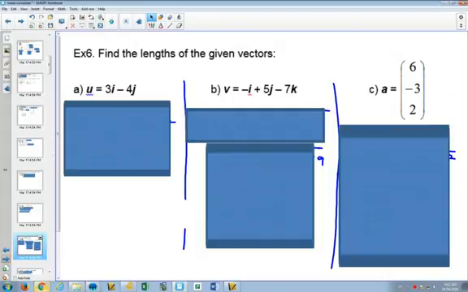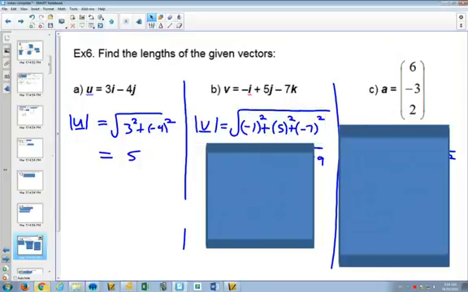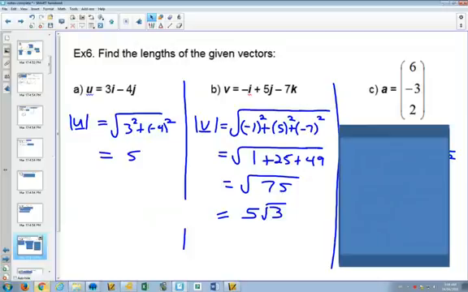Here's 3 more. All right, whether you're done or not, you can check. Maybe you knew that this one was 5 even before you figured it out, because it was a 3, 4, 5 triangle. Second one is square root of 75, but you could simplify that to 5 root 3.